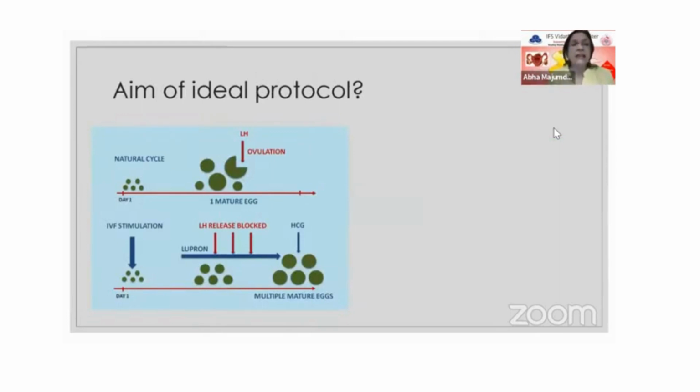Like in natural cycle, the LH surge happens and ovulation happens. Here, we have to block the LH surge so that we can make multiple follicles and then at the end, give a trigger with either HCG or release the LH surge so that we can have all the eggs matured, which we can aspirate on the day of oocyte retrieval.